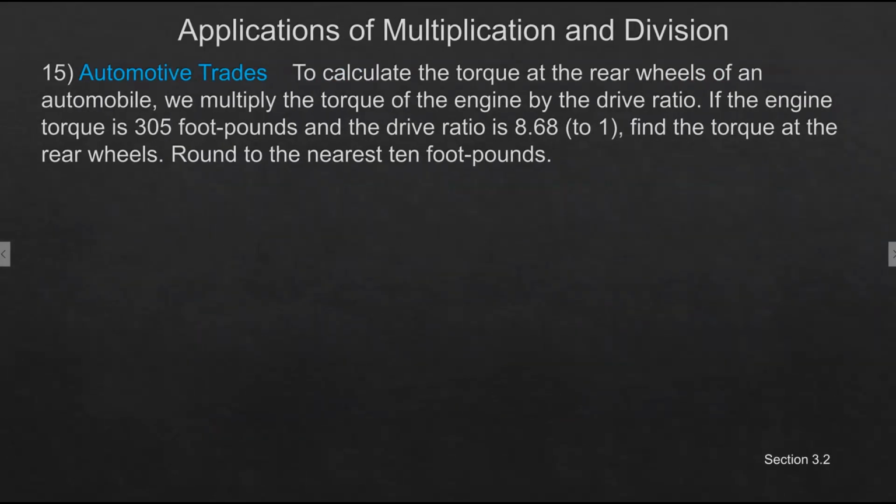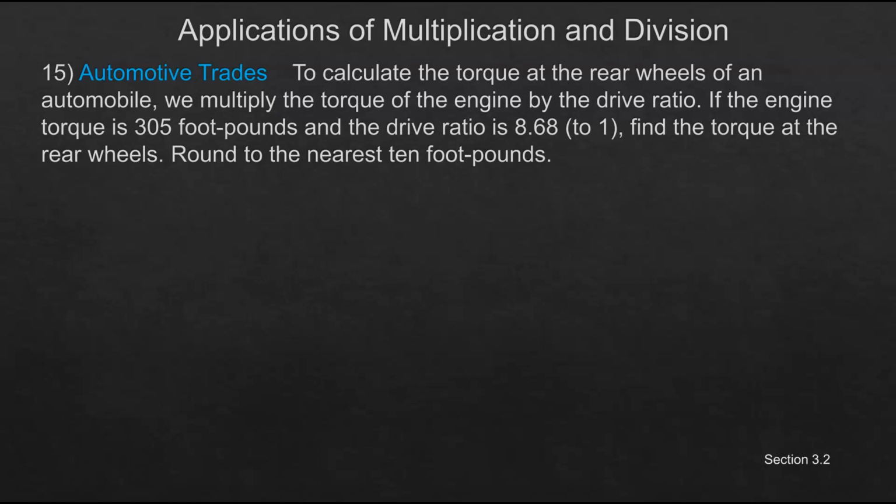Okay, let's look at the next one. So this is an application problem for multiplication and division. So I want you to just take a moment to read through the problem. So we're going to calculate the torque at the rear wheels of an automobile, we multiply the torque of the engine by the drive ratio.